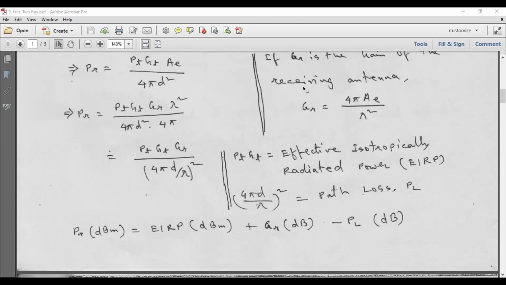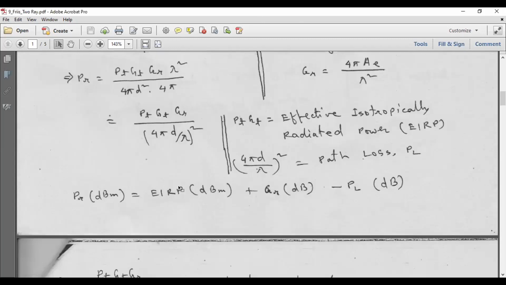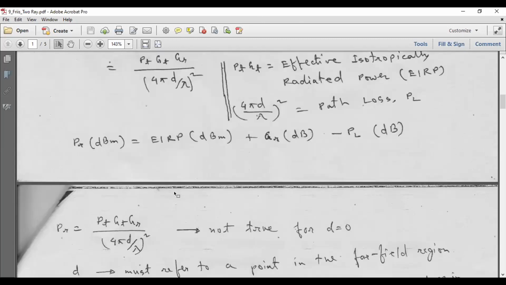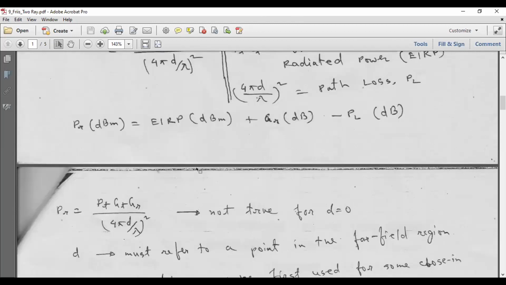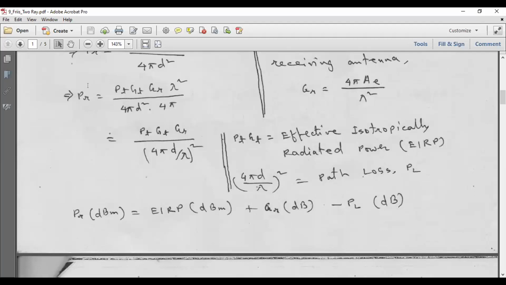Sorry about that. Now this dB calculation uses a reference. When you use dB, you need to use a reference, and that can be 1 watt, 1 milliwatt or something. Most likely for wireless communication, we use milliwatt as the reference because the receive power level is too low.